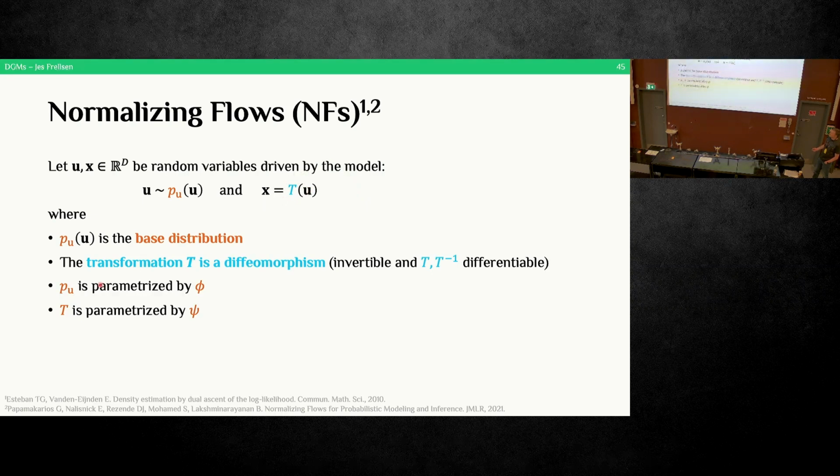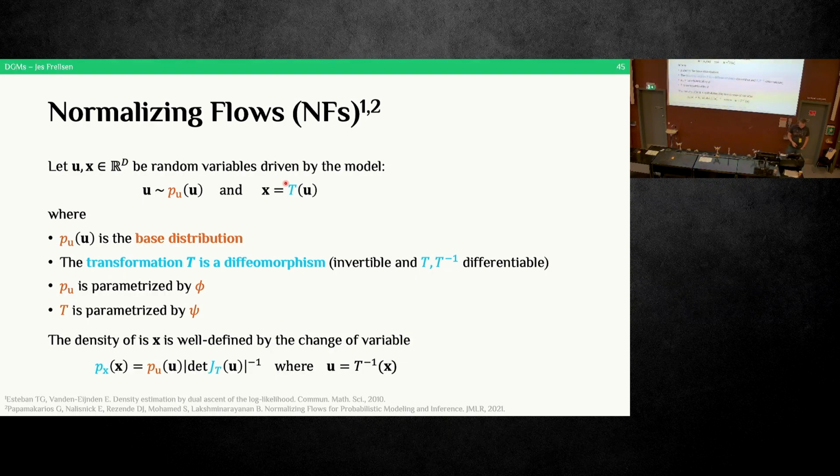And usually we say that P of u can be a fixed base distribution, but it can also be parameterized by phi, and T is parameterized by psi. Sometimes I leave out the parameterization just to simplify the notation.